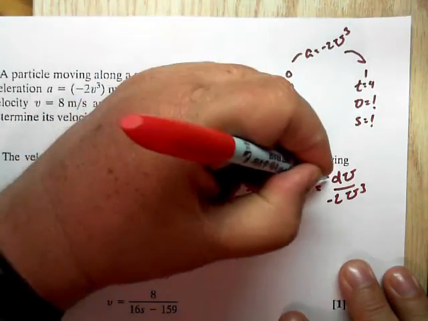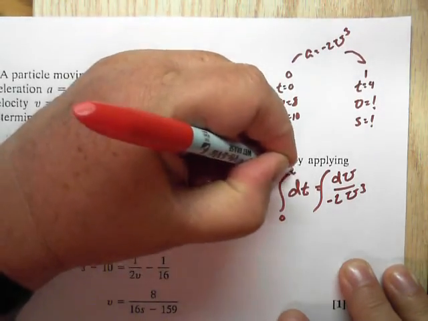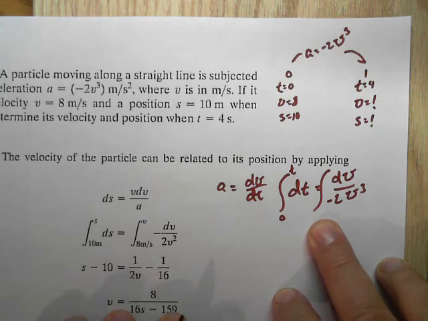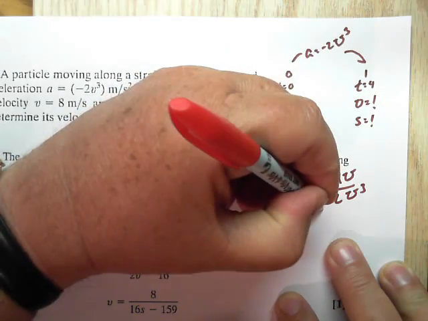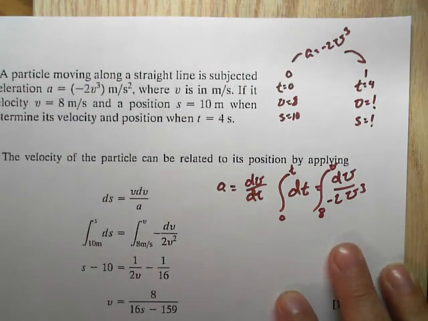And then we can put integral signs around both sides, and t is going to go from 0 to some indeterminate t, and at t equals 0, v is 8, so we'll be integrating between 8 and some indeterminate v.